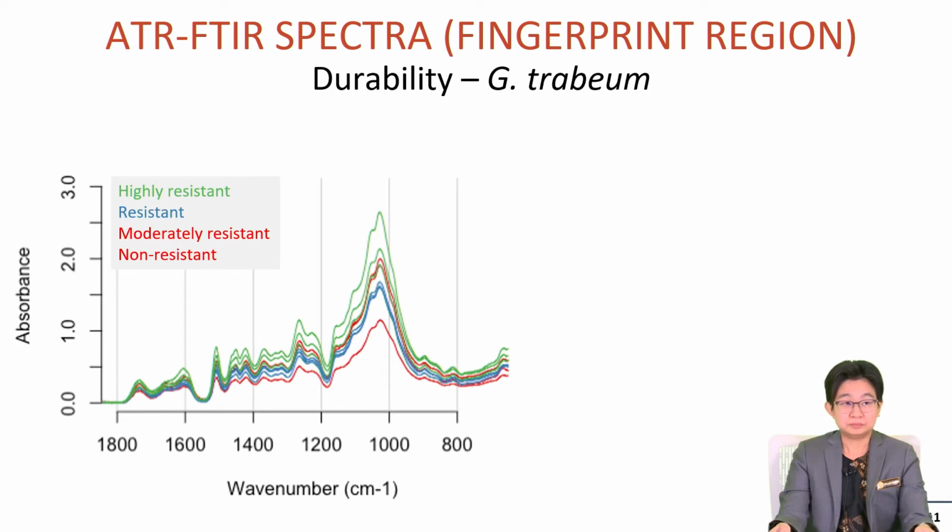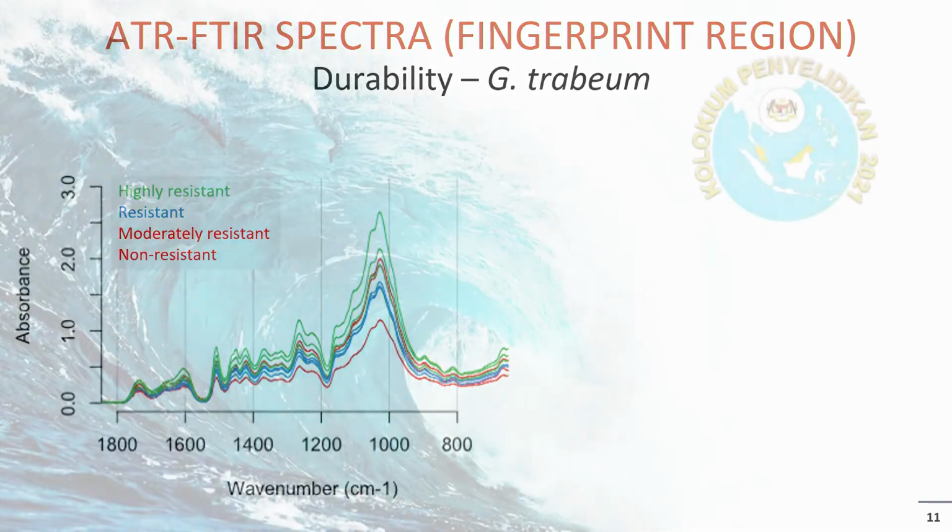For the third result, we used the infrared spectroscopy and studied the fingerprint region against the durability to decay fungi, which is Gloeophyllum trabeum. So using the infrared spectroscopy, we were able to identify the highly resistant, as well as the moderately resistant and non-resistant samples.